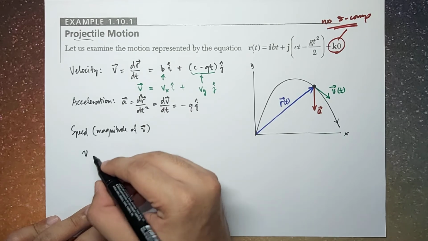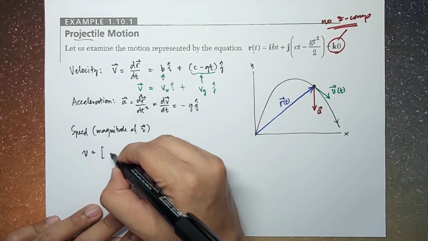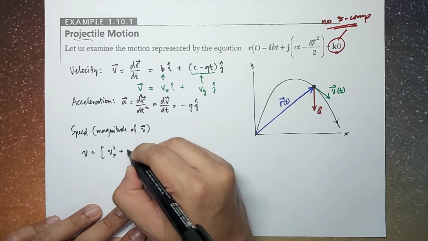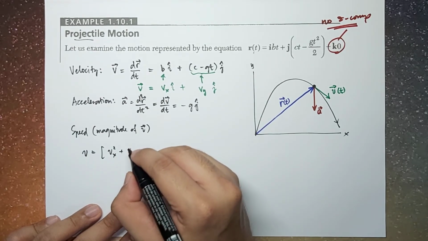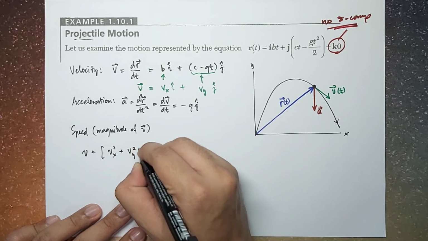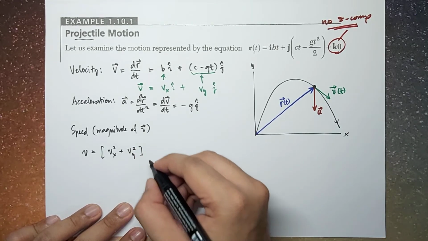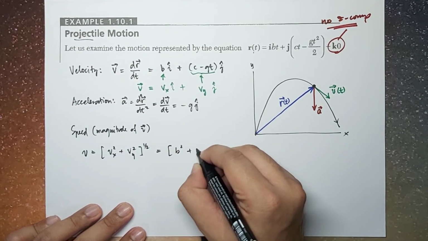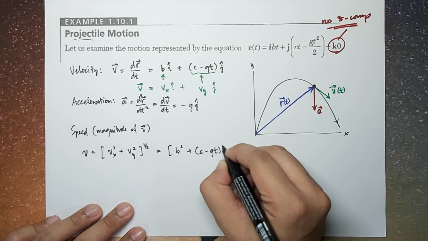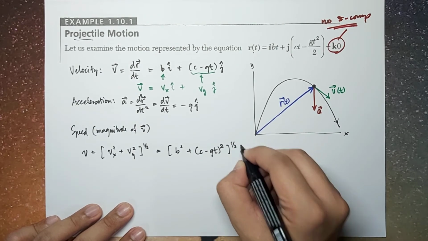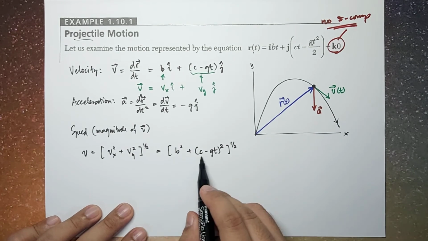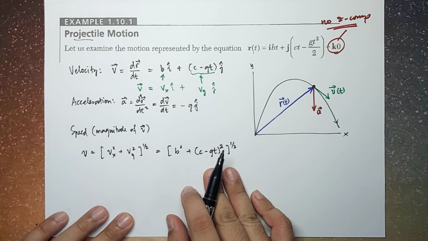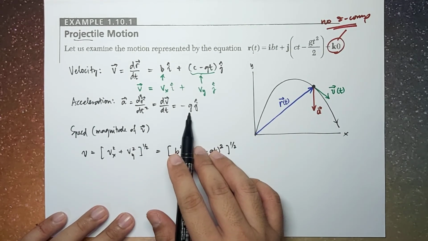The instantaneous speed will be equal to the square root of the square of the x component of the velocity plus the square of the y component, which is equal to b squared plus (c minus gt) squared, to the 1/2. Of course, you can expand this term, but let's leave it like this. So this is now the speed, the acceleration, and the velocity.